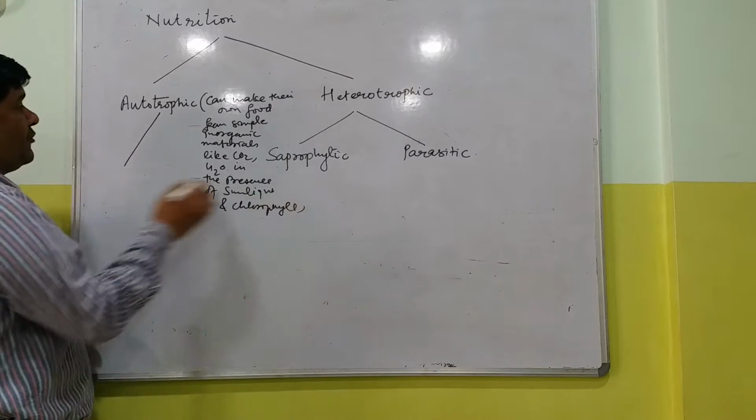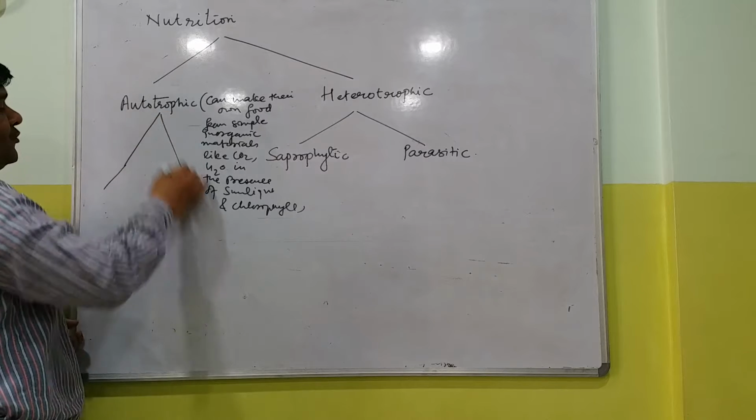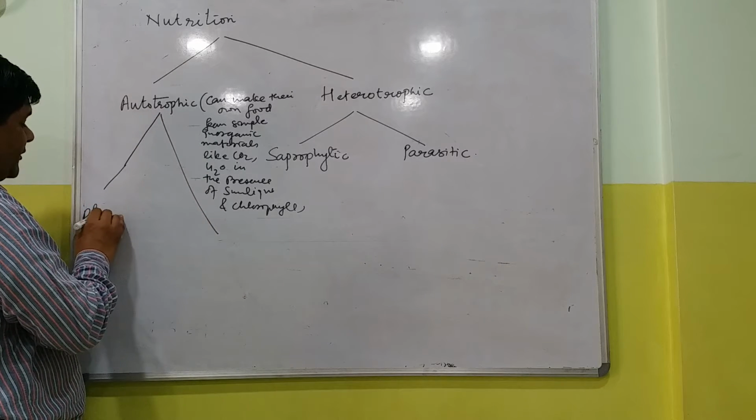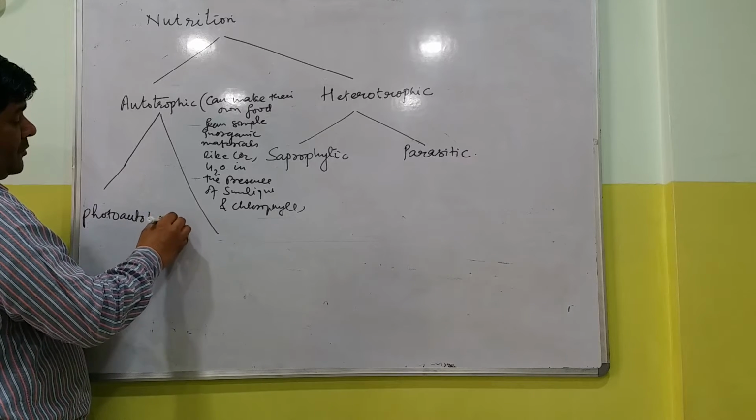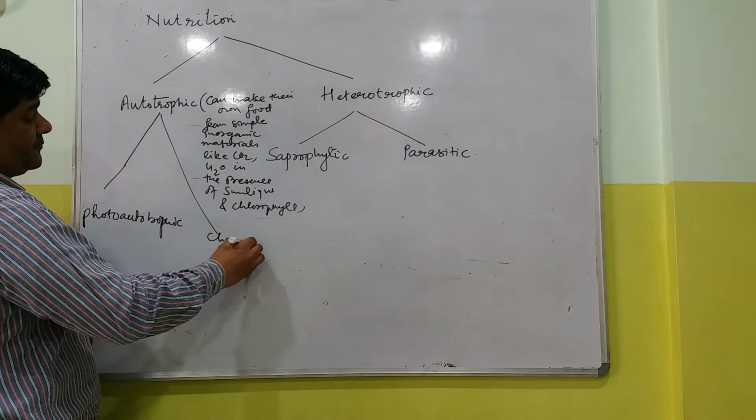That is called autotrophic nutrition. Autotrophic nutrition is of two types: photoautotrophic and chemoautotrophic.